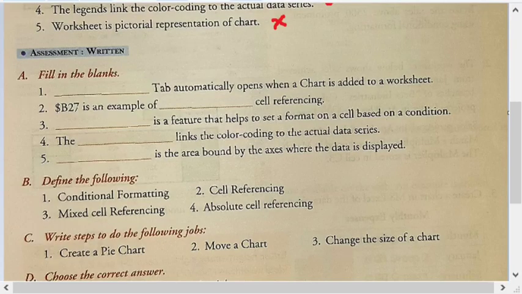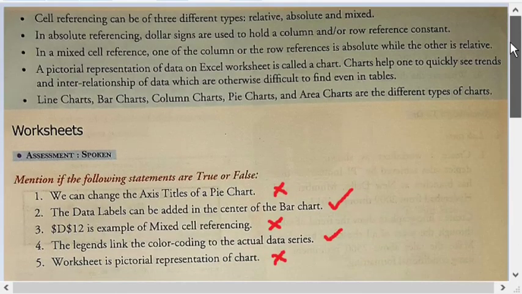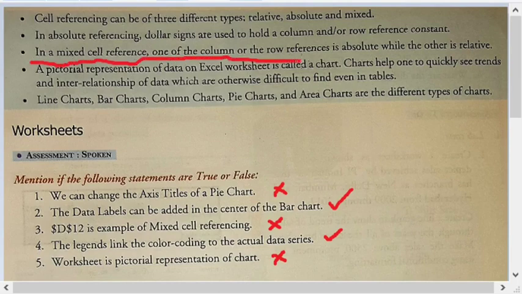Next question is mixed cell referencing. Its answer is given on the same page in the sum up. In a mixed cell reference, one of the column or the row references is absolute while the other is relative.